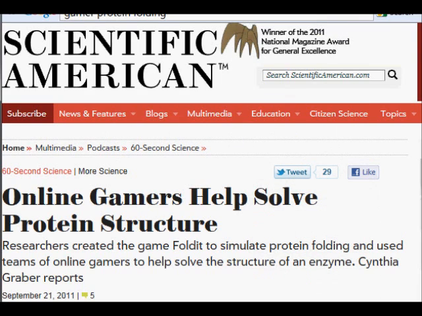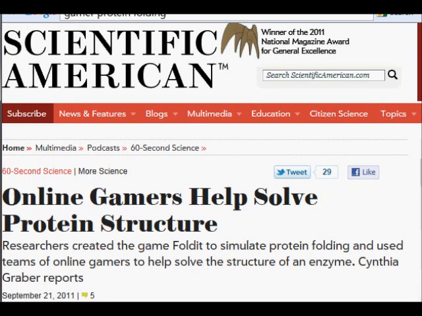For decades, there's been this HIV protein that scientists and engineers had been using computers to try to understand the structure of, which would be useful in fighting AIDS and HIV.